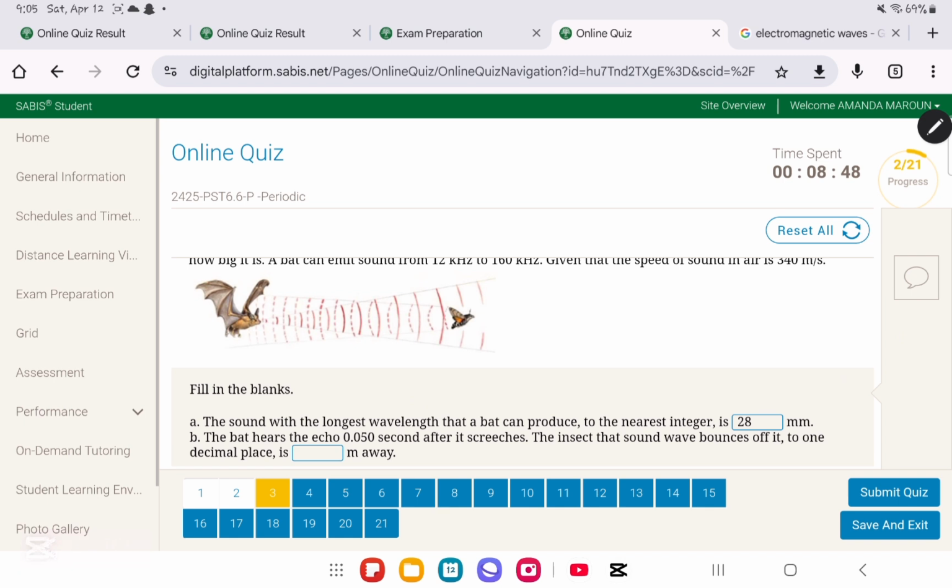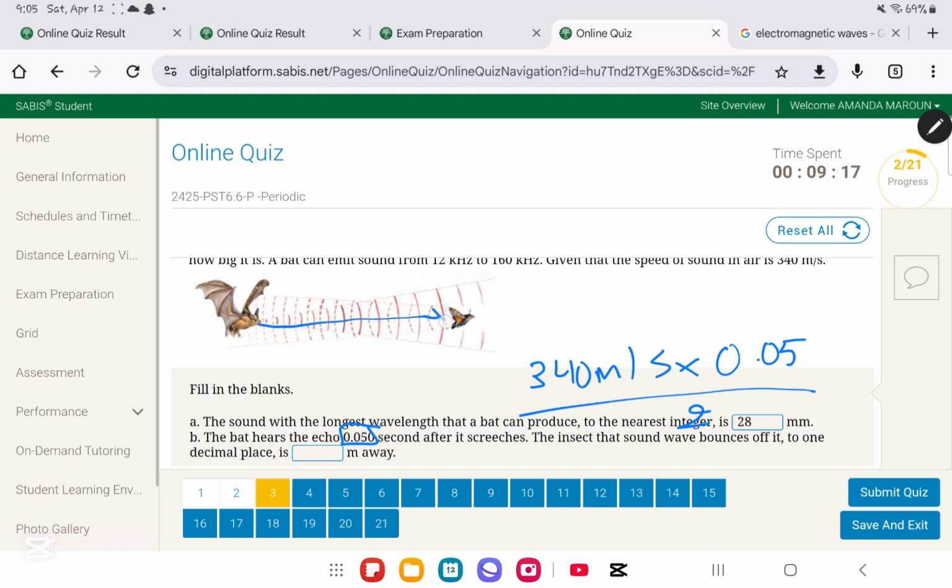Now, the bat hears the echo 0.050 seconds after it screeches. The insect that the sound waves bounce off, to 1 decimal place, is how many meters away? First, we take the speed of sound in air, which is 340 meters per second. We multiply by how many seconds it took for the wave to bounce off, 0.05 seconds, and we divide by 2, because look what happened.